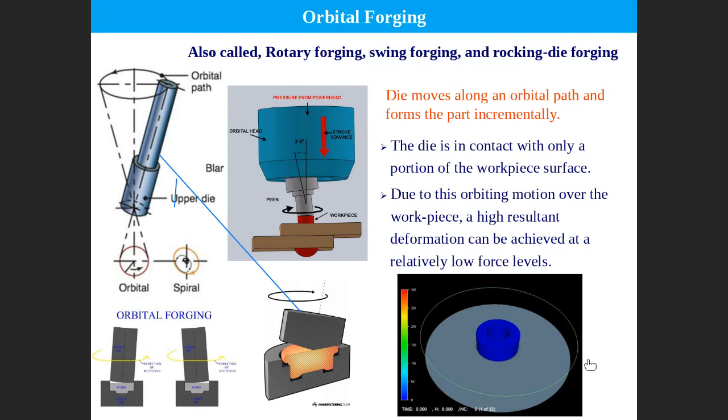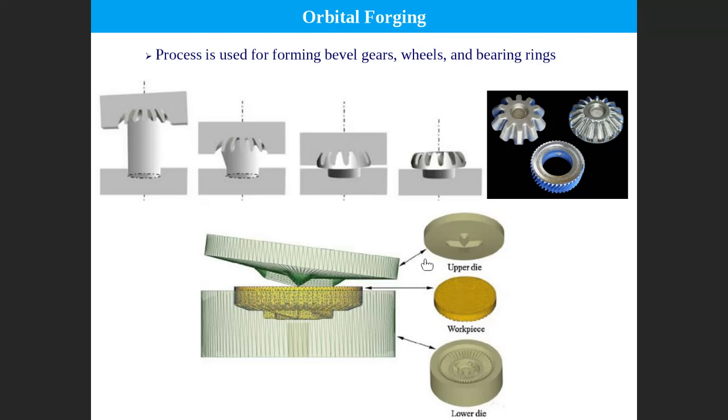The idea is how to reduce the force. You can do the same process with lower force, lower power, and definitely a smaller machine. You can do many deformations for many things, like creating a gear, for example. This is the orbital forging to create a gear. This is a gear. Can you see that? This is the one produced.